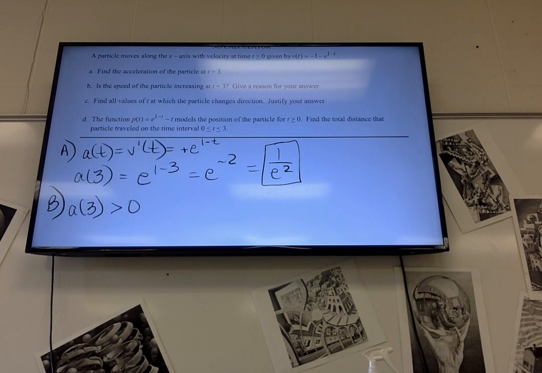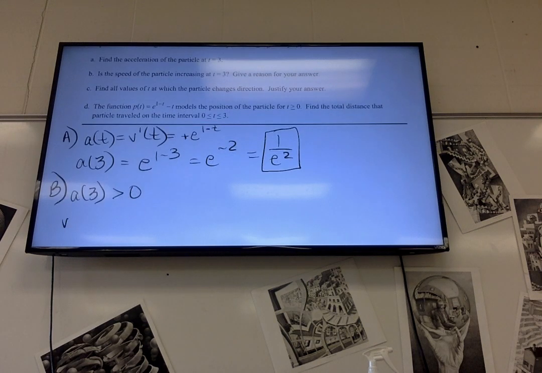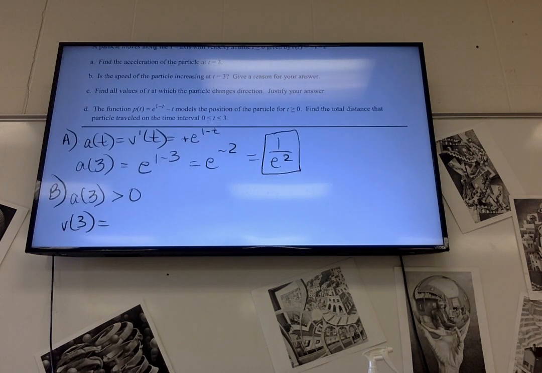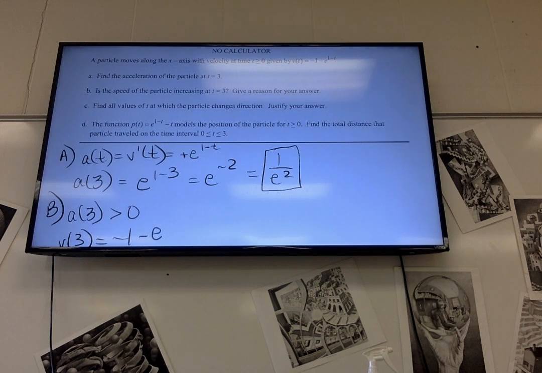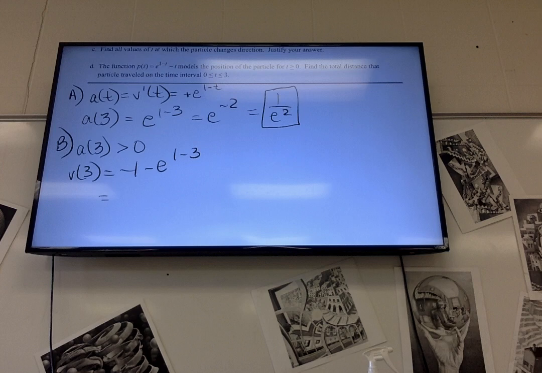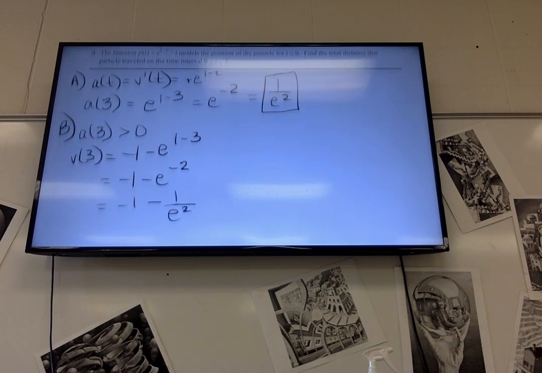Now for velocity, so v of 3, that would be -1 minus e to the 1 minus 3. So it's -1 minus e to the -2, minus 1 over e squared.